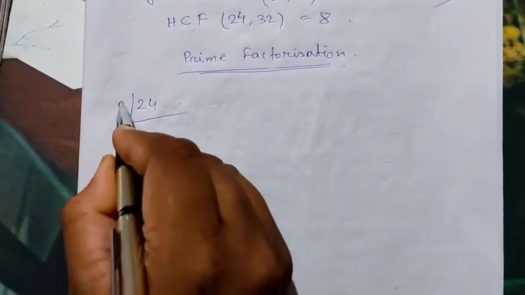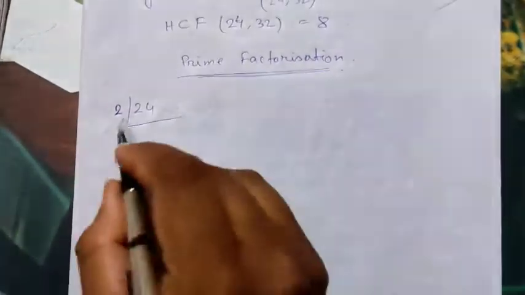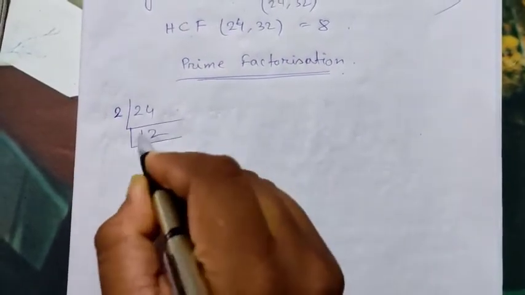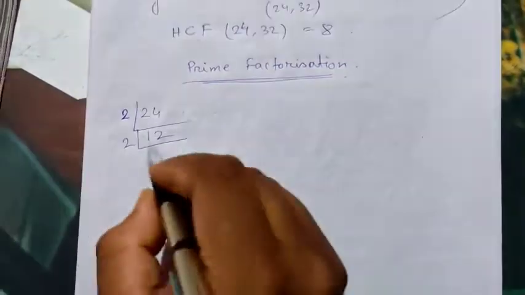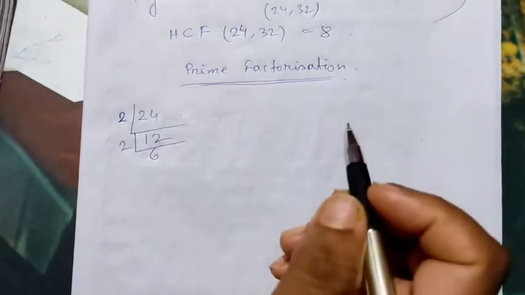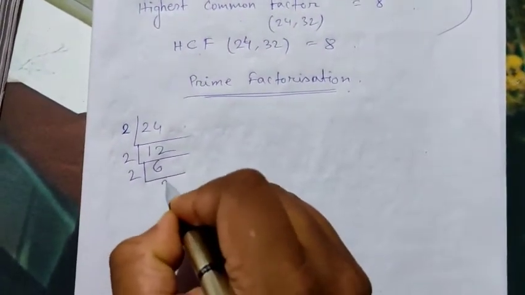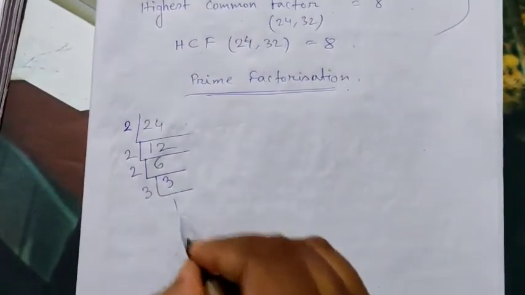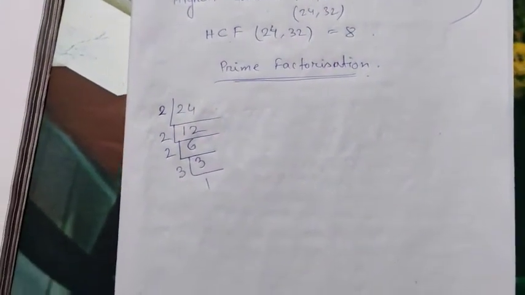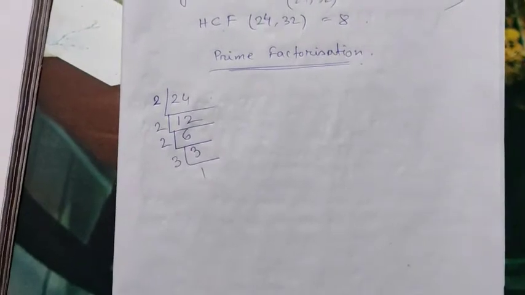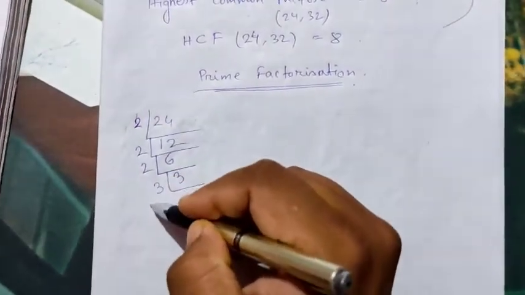It is divisible by 2, and 2 is a prime number, so let's give 2. 2 12s are 24. Again it is divisible by 2, so 2 6s are 12. Again we can give either 2 or 3: 2 3s are 6, then 3 1s are 3. This is the prime factorization method, where we take only prime numbers as factors.